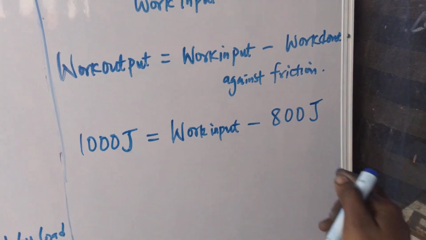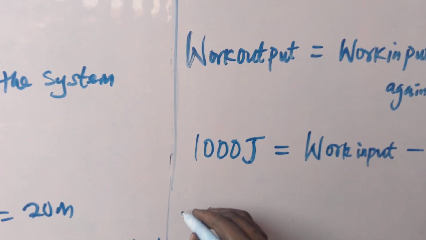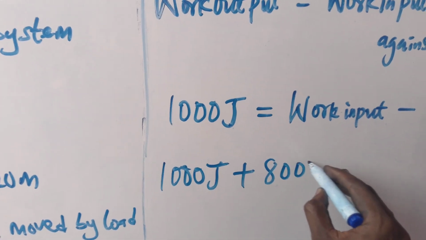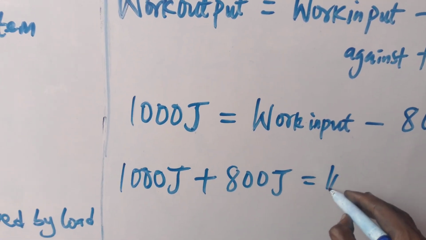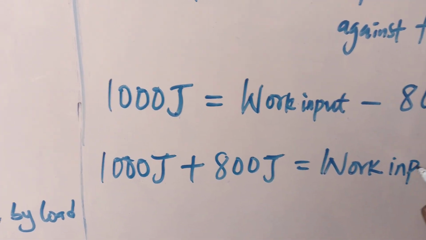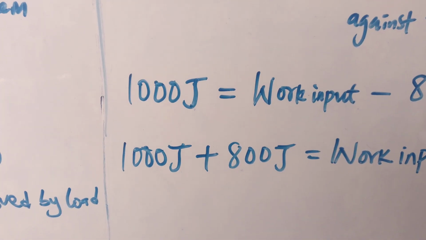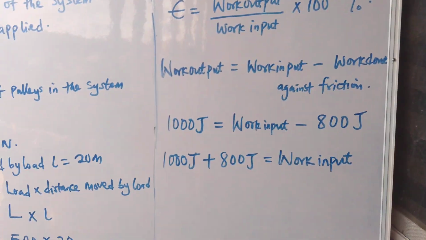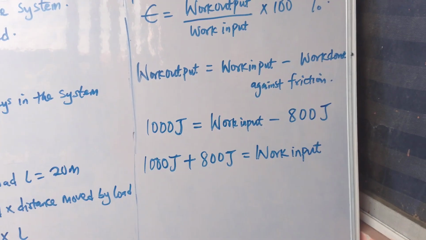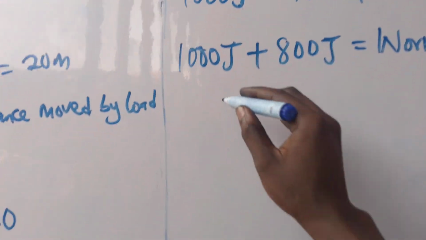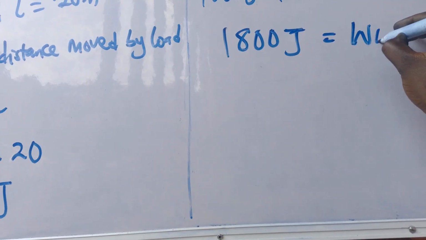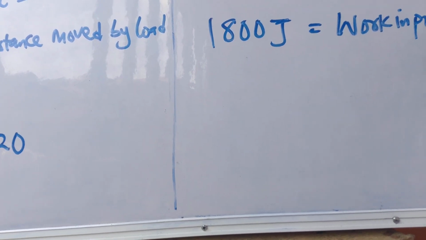If I then collect like terms, take this one over to this place, I'll have 1000 joules plus 800 joules is equal to my work input. I took this minus 800 over to this place, it changed to plus 800. Right? So 1000 plus 800 gives me 1800 joules equals the work input.